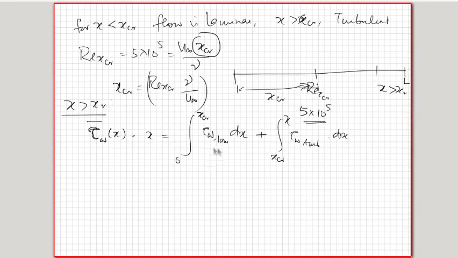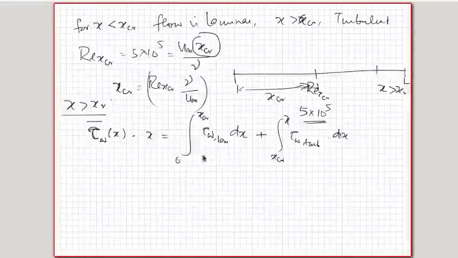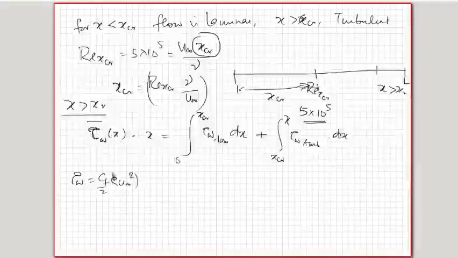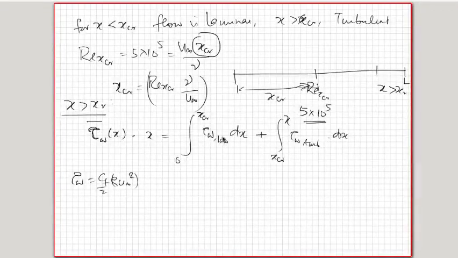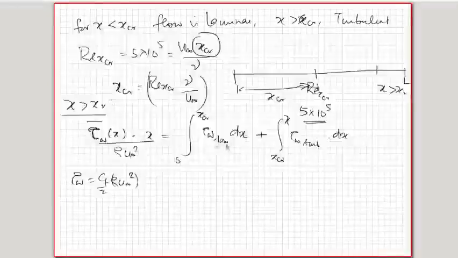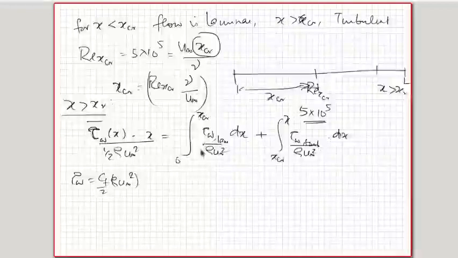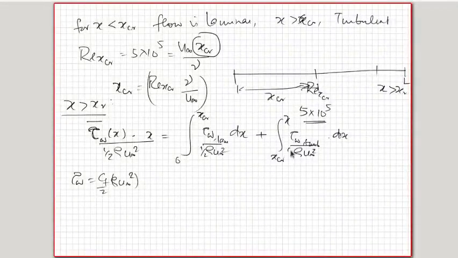Okay, and tau wall laminar and tau wall turbulent can be written in terms of Cf, because tau wall is Cf by 2 into rho U infinity square. So we can divide throughout by rho U infinity square, and we can also put a half here so that you don't have Cf by 2 but you get Cf.